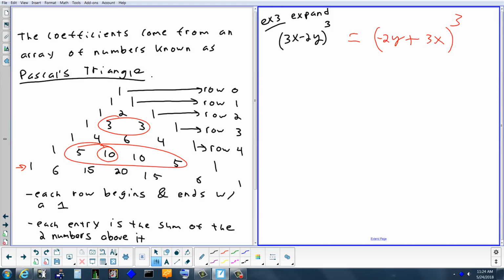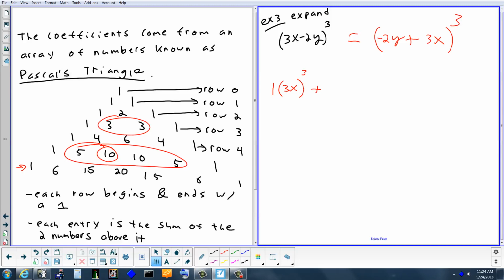All right. So what row in the triangle do I need to look at here? Third. Yep. And what's my coefficient, my first one in the third row? Yep, 1. And then what would come next? The 3x to what power? That's right, the 3x to the third power. So in the first term, you don't see the second thing in the parentheses.